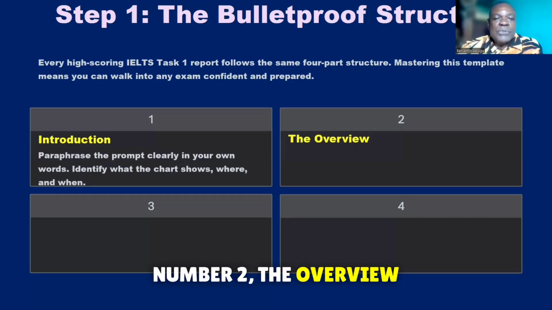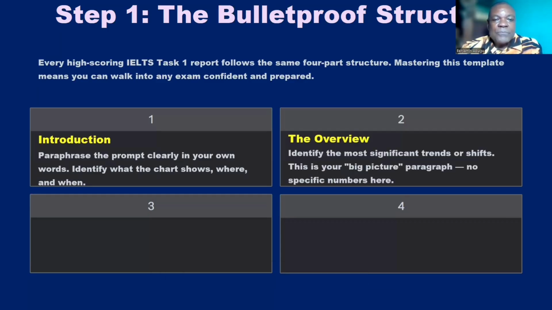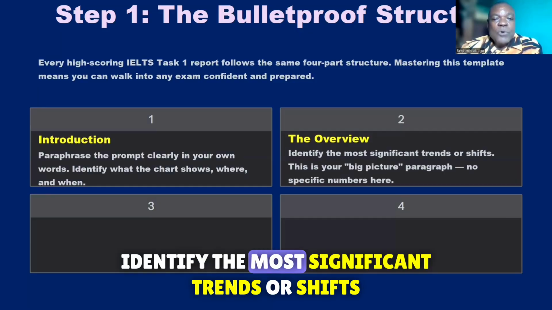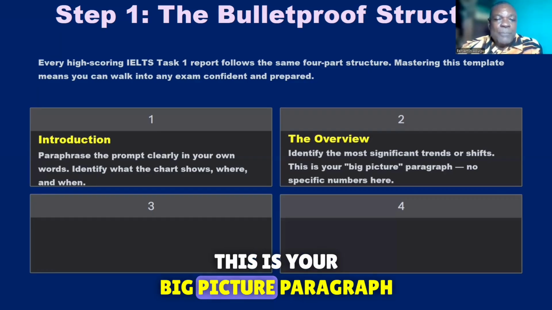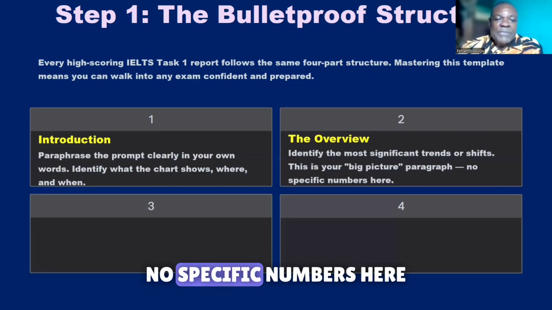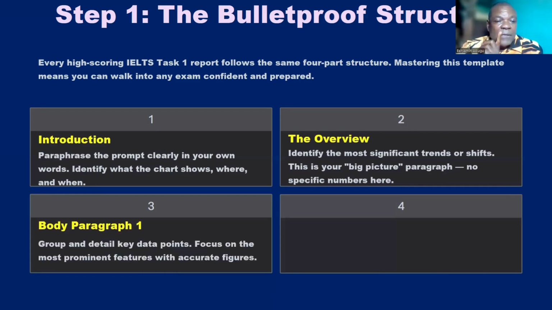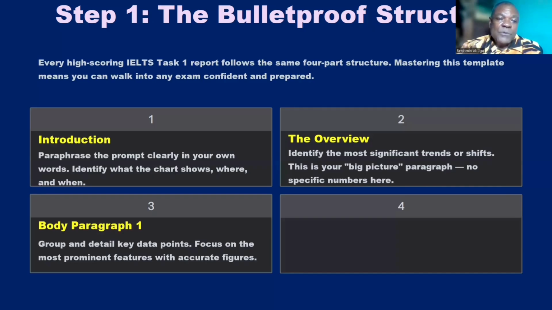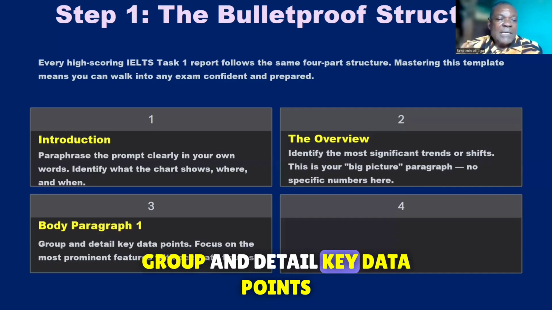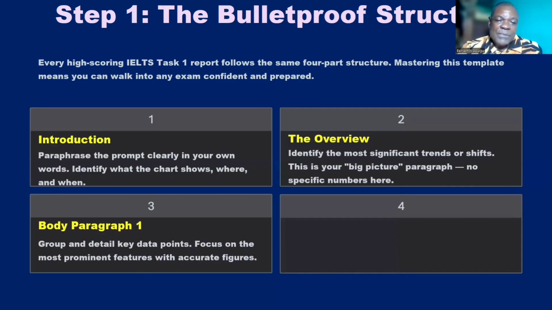Number 2, the overview. Identify the most significant trends or shifts. This is your big picture paragraph. No specific numbers here. Number 3, body paragraph 1. Group and detail key data points.